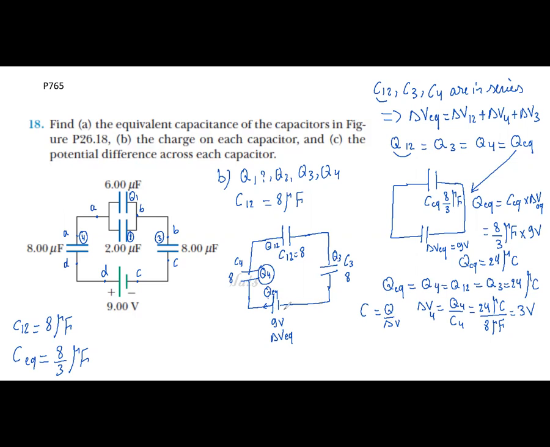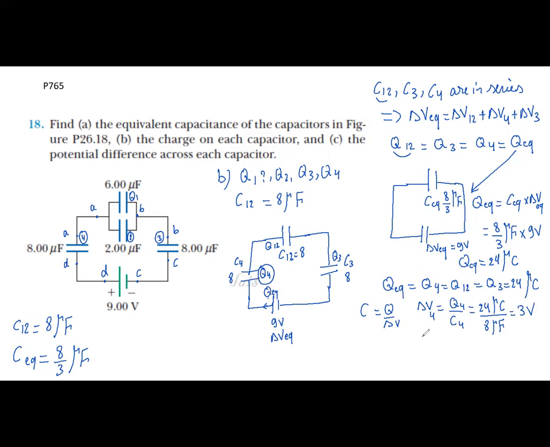As you see here, we have 3 capacitors with the same capacitance, 8, 8, 8. So we get 9 divided by 3: we must have 3 volt plus 3 volt plus 3 volt. Delta V must be divided into 3 equal voltages because they have the same capacitance.